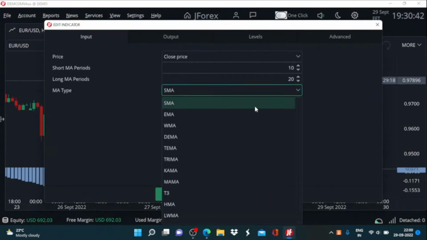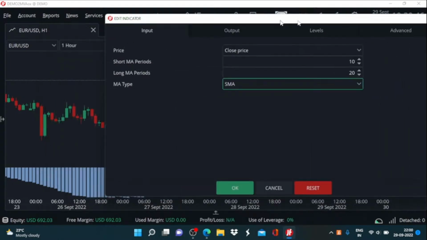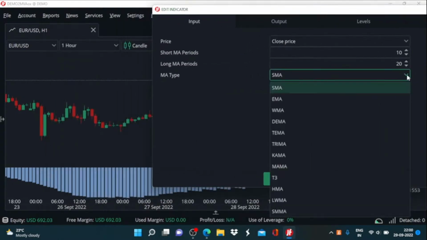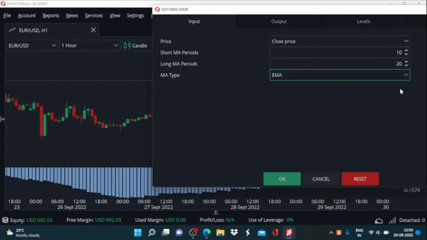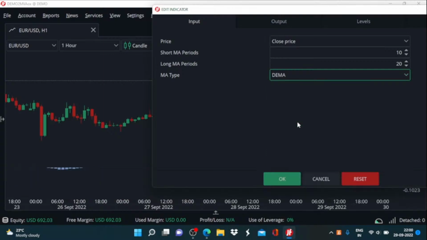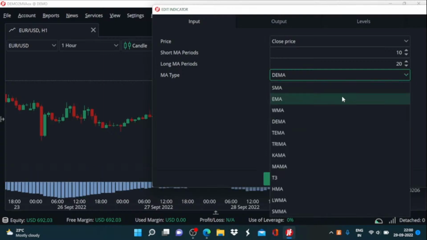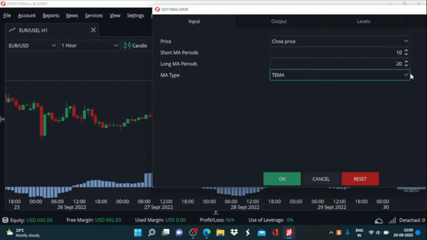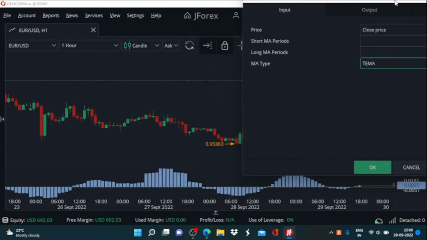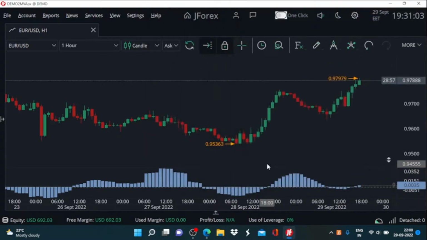The MA type, SMA, EMA, WMA, we can vary these moving averages, and depending on which kind of moving average you are using, you will have variations in the output value of these indicators. The TMA chart looks quite interesting, triple exponential moving average, and it is a lot more responsive.